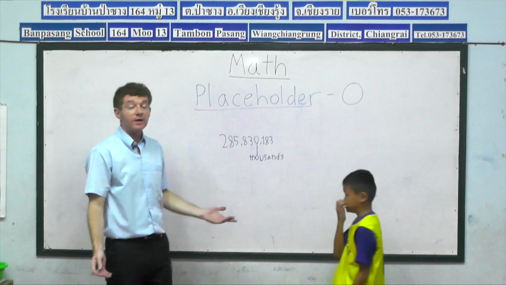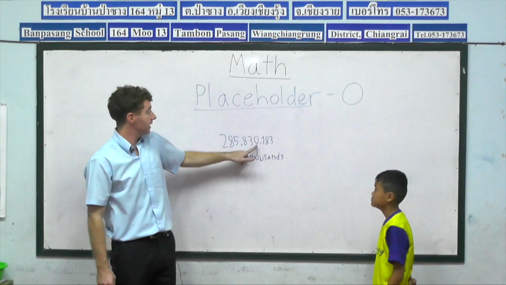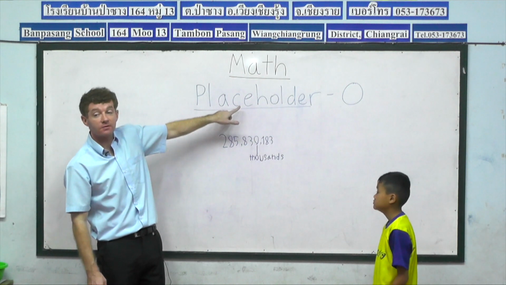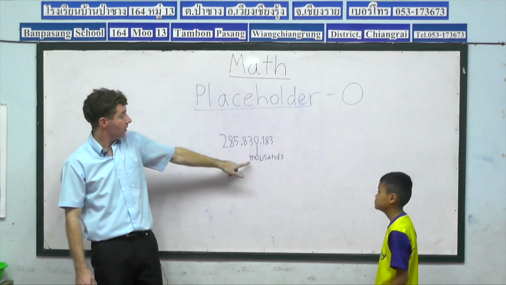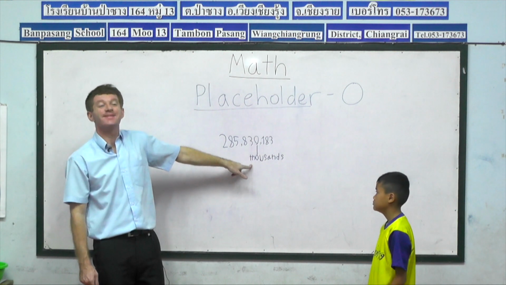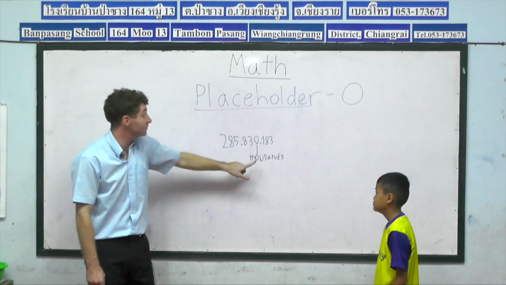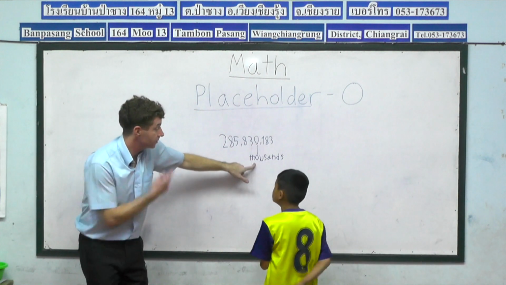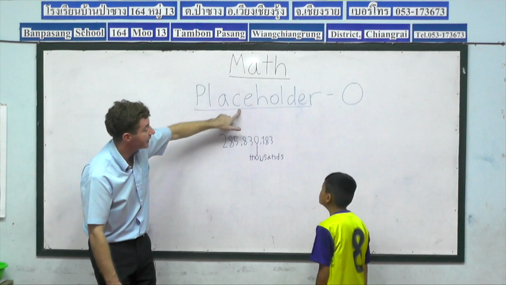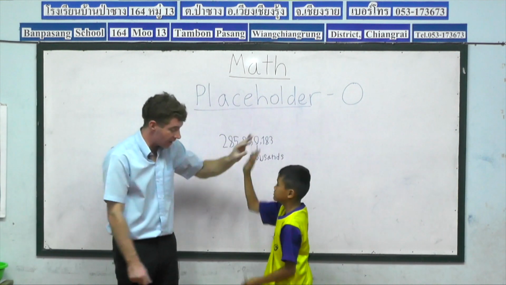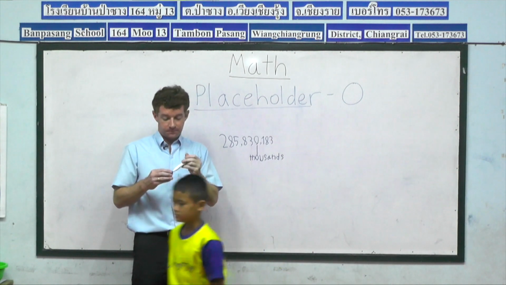So now we can say that in our number here, 0 is the placeholder of thousands. Chu, can you say thousands? Can you say thousands? Placeholder. Excellent. High five and a big round of applause for Chu.